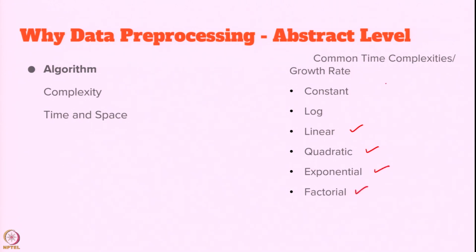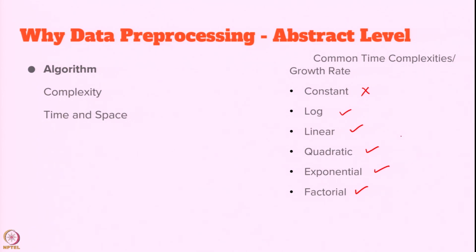So constant time, you understood that it is not dependent on the input data. Based on the input, the time increases logarithmically. The next one is where, based on the input, the time of the algorithm to run increases linearly. And the next ones are quadratic, exponential and factorial, three other cases.